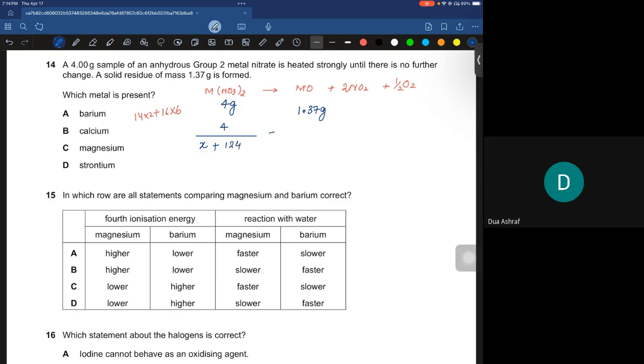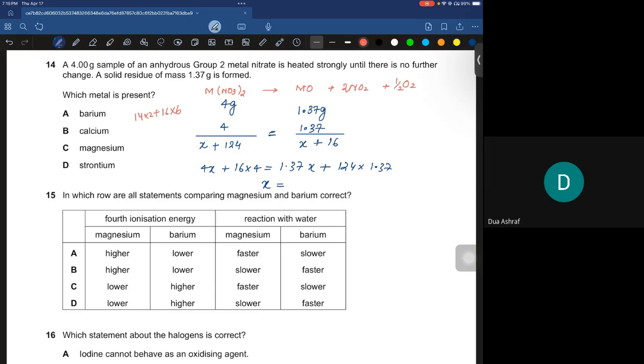124, yes, is equal to mass over metal. X plus oxygen is 16. So we have to find out X. 4x plus 16 times 4 is equal to 1.37 times x plus 124 times 1.37. So you have to find out the value of x. X would be the MR of that metal. So we can find out from the periodic table by matching the MR with the particular element.